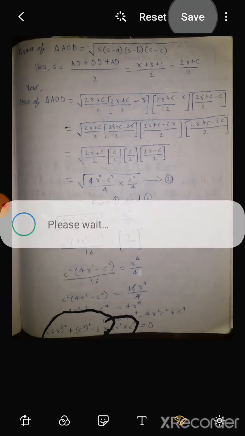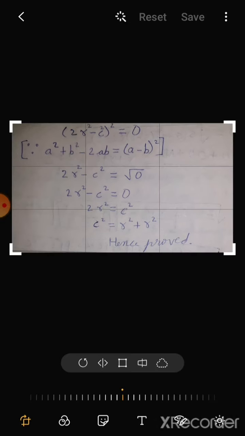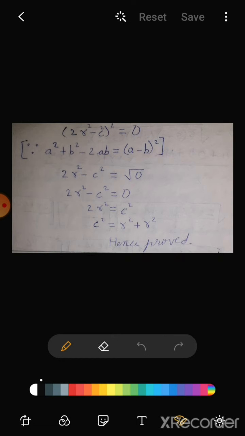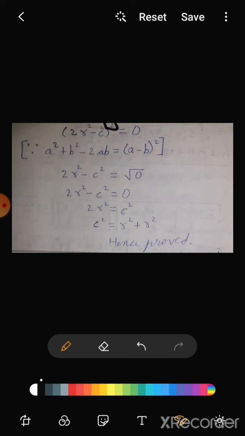So in this same step we are going to continue the next step also, that is (2R square minus C square) whole square equals 0, by the a square plus b square minus 2ab equals (a minus b) whole square formula. So next step is this square goes to the RHS side and it becomes square root.